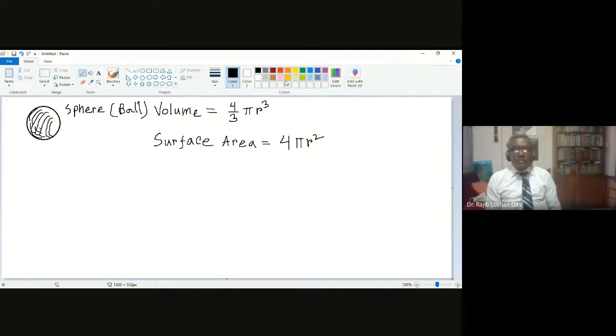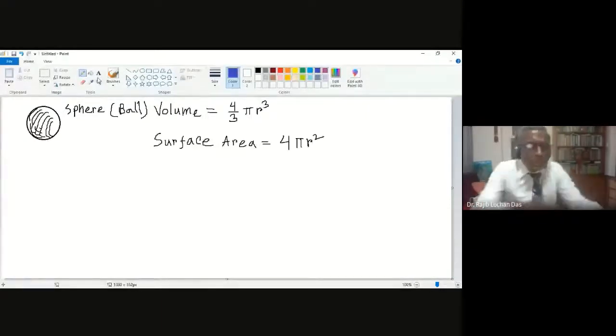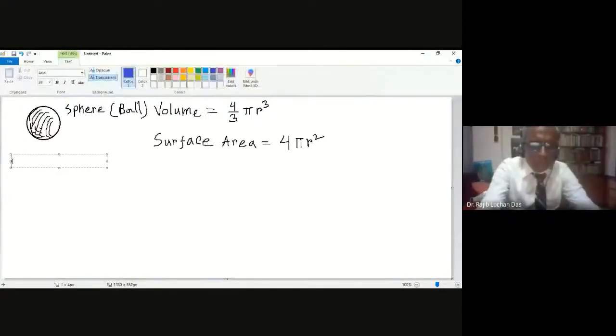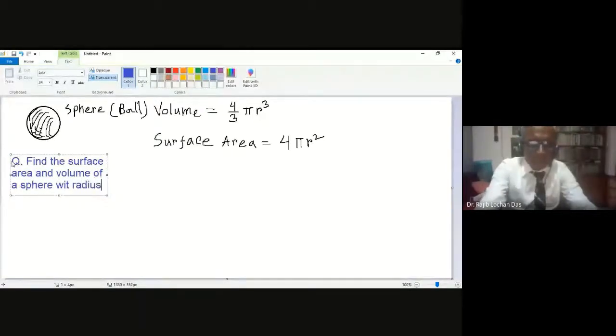So now let me show you one calculation. If I give you a question like: find the surface area and volume of a sphere with radius 7 centimeter.